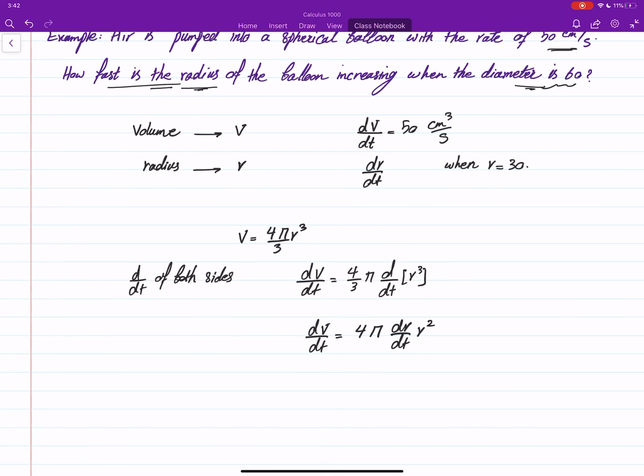Here you notice that since we still have r in the relation, we need to know at what point we are, meaning that when r takes different values, the rate of change of the radius will be different. So plug in the values.